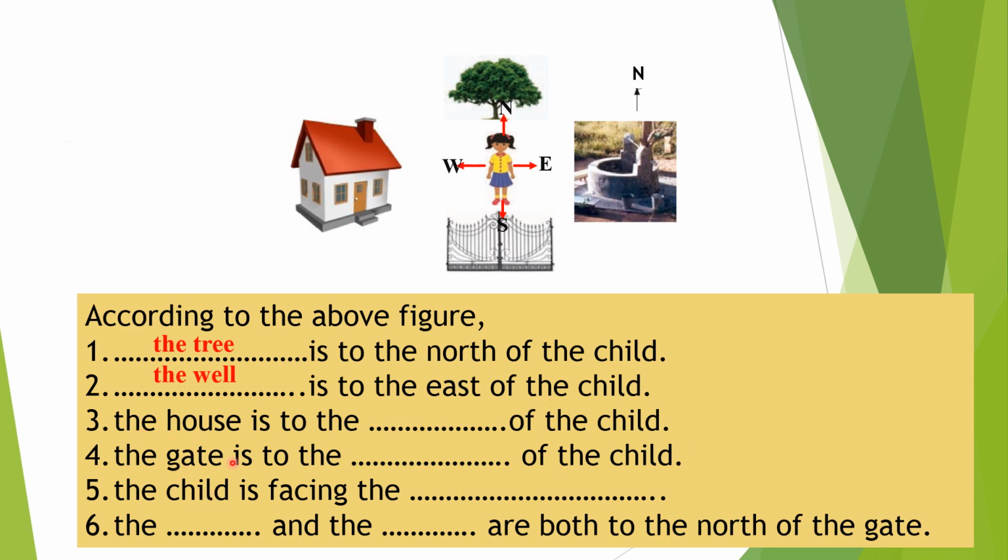In here we can find two places, the house and the child. house එක ගැනත් කියනවා child ගැනත් කියනවා. එහෙනම් the house is මෙතන විස්තර කරන්නේ මොකද? house එක ගැන තමයි විස්තර කරන්නේ. The house is to the, so this blank should be a direction. The house is to the, then one direction, then of the child.